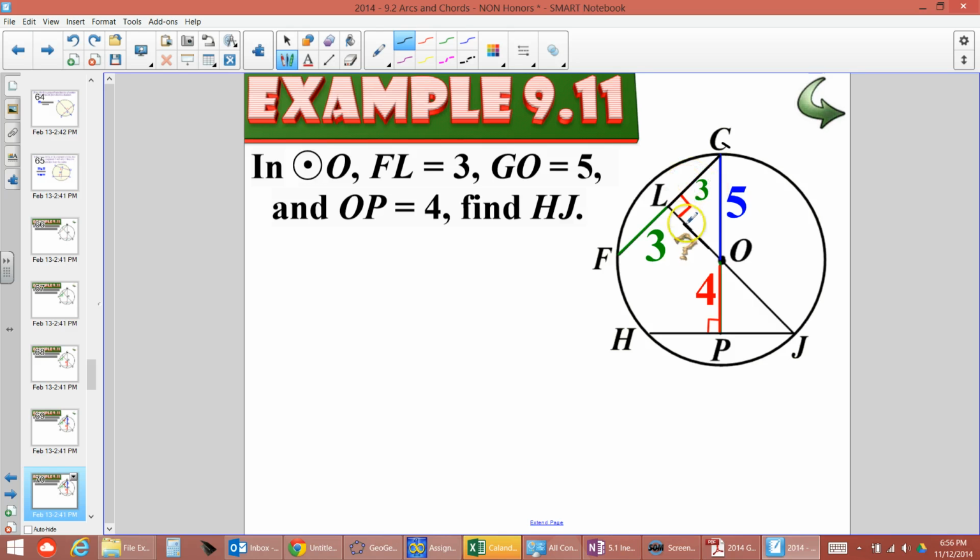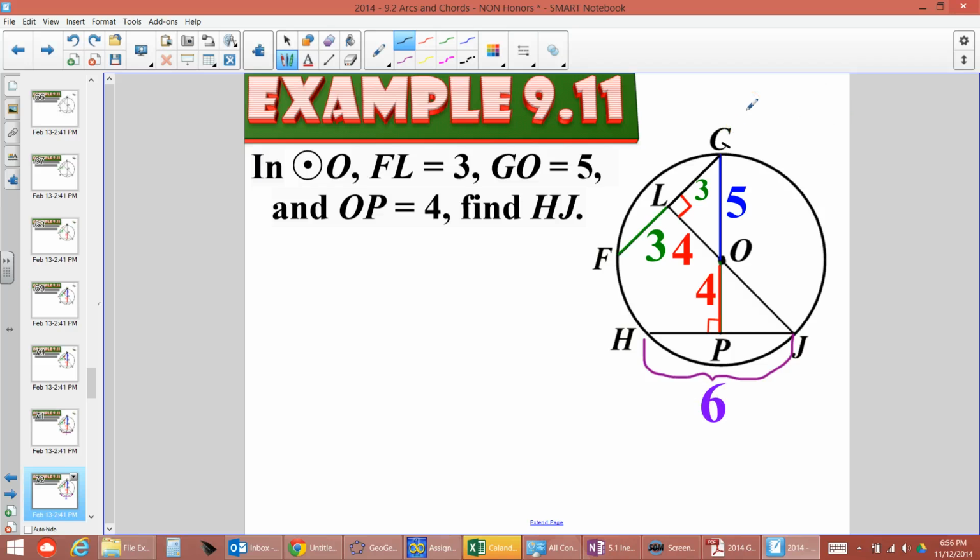Now I can use the Pythagorean theorem. I can say here's 3, this one's got to be something, and this one's got to be 5. Again, it's a 3, 4, 5 triangle. So now that I can say that OP is 4 and OL is also 4, since they're the same distance away perpendicularly from the center, HJ here also has to be 6.